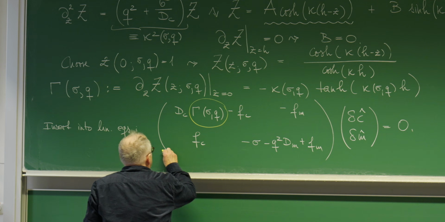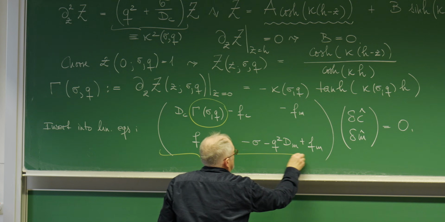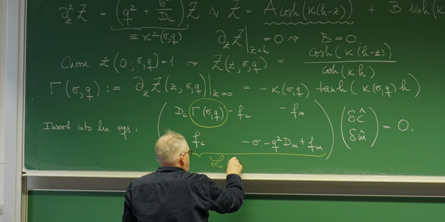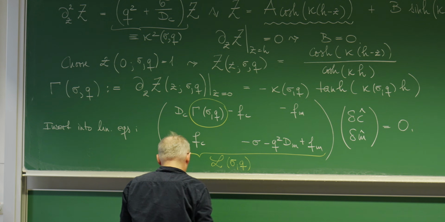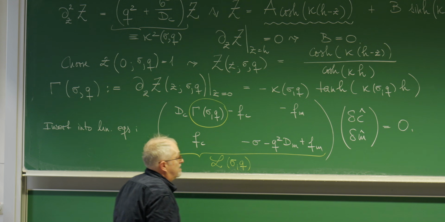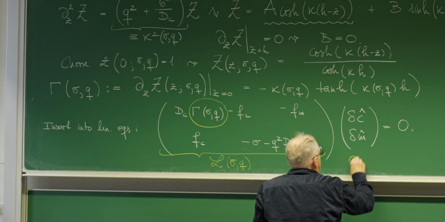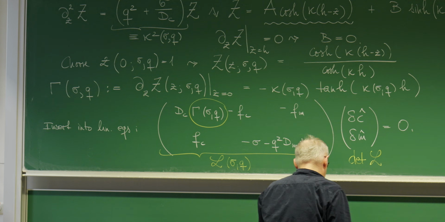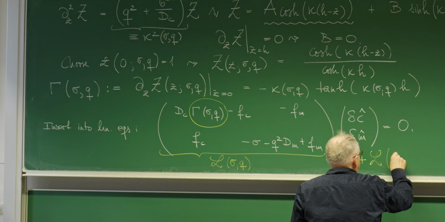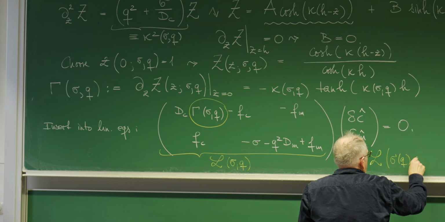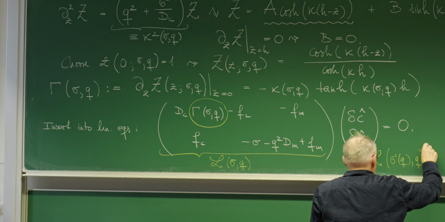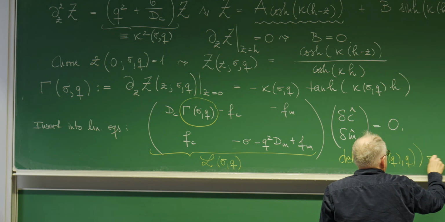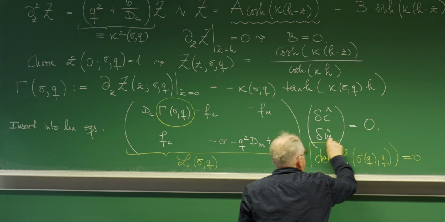So this here we call L of sigma and q. That's our linear operator. And the condition for a solution is the characteristic equation: the determinant of that has to be 0.